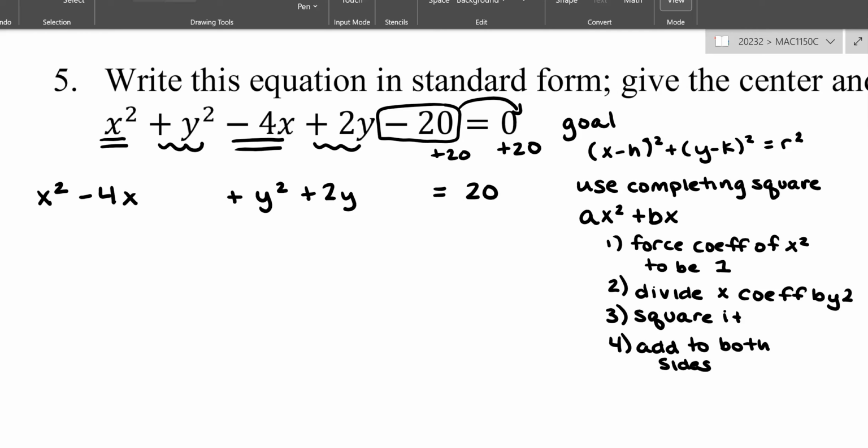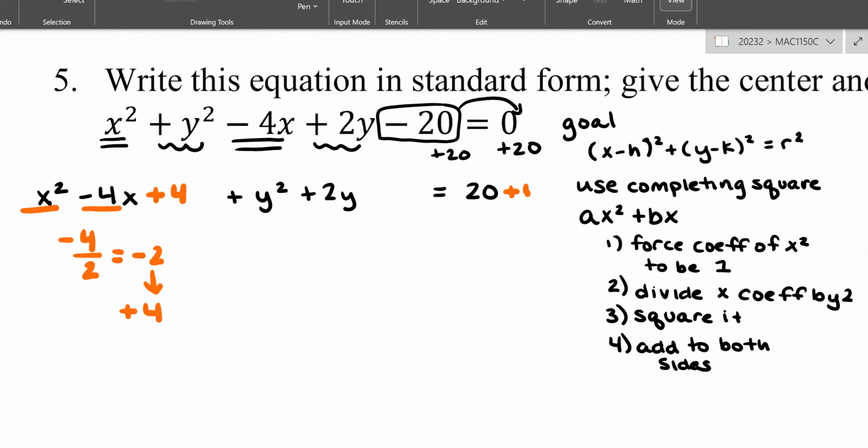So now let's talk about completing the square. My x squared has a coefficient of 1. So I'm going to take the number with x, which is negative 4, divide it by 2, which is negative 2, and then square it, which makes positive 4. So to complete the square, I need to add 4.